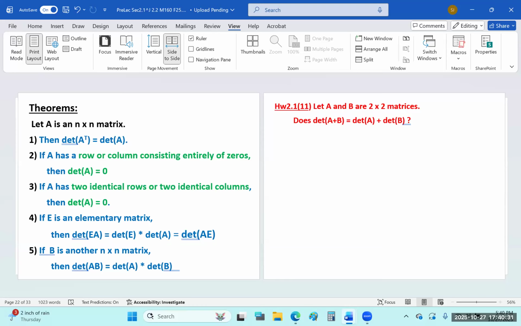If the determinant is not 0, the inverse exists. So what do you think? We know there is a rule for product, but they didn't mention the sum or addition. Any idea? No idea. Nobody has any idea.